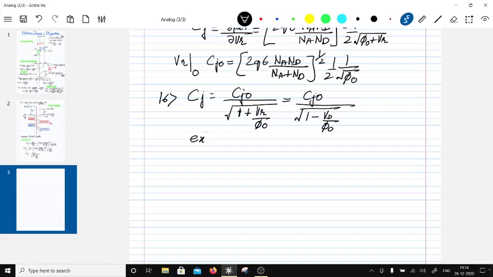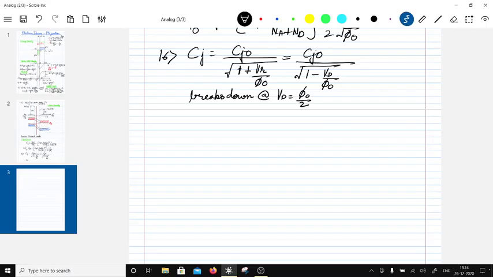But when the diode becomes forward biased, when you go close to Vd equal to phi0, then the diode becomes conductive, right? So it doesn't store the charge, so the capacitance should decline to 0. So this expression breaks down at Vd equal to psi0 by 2 roughly.